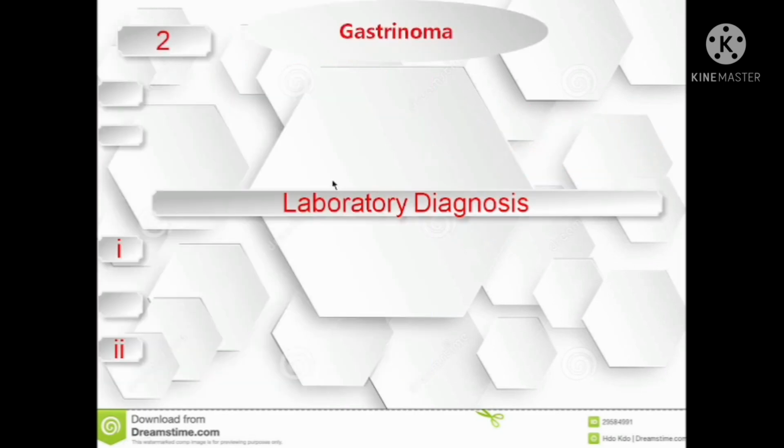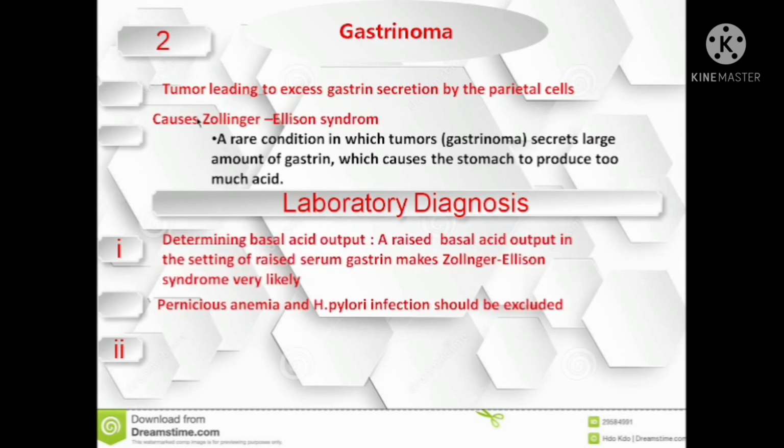Another condition that can affect the stomach is called gastrinoma. Gastrinoma is actually a tumor. Remember I told you that gastrin is a hormone that facilitates the production of HCl. Gastrinoma is a tumor which leads to excess gastrin secretion, and it causes what is called Zollinger-Ellison syndrome.